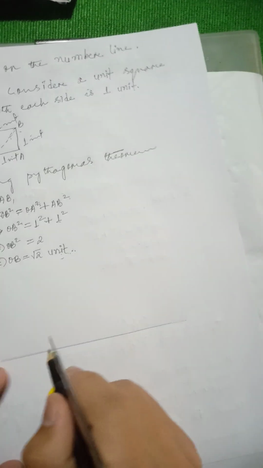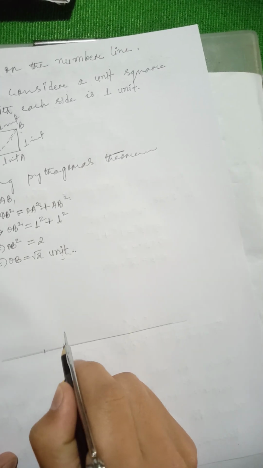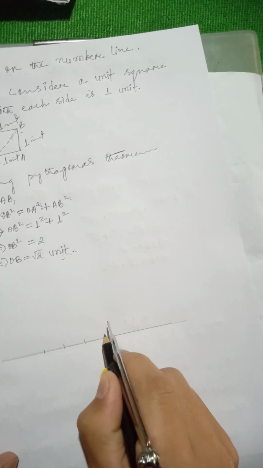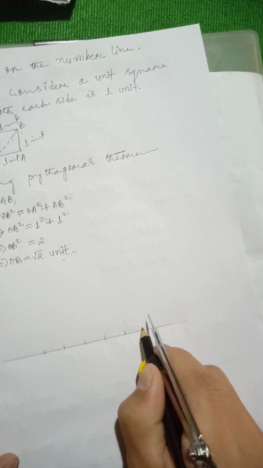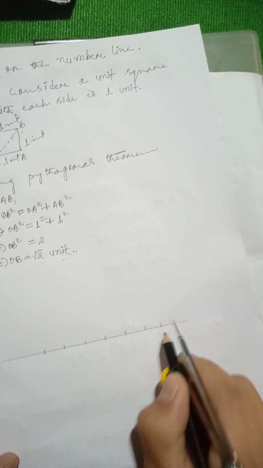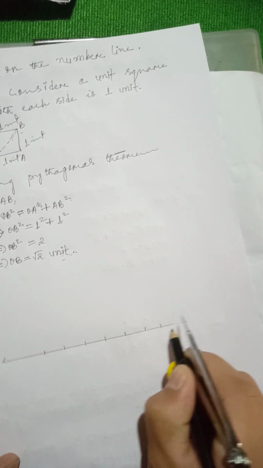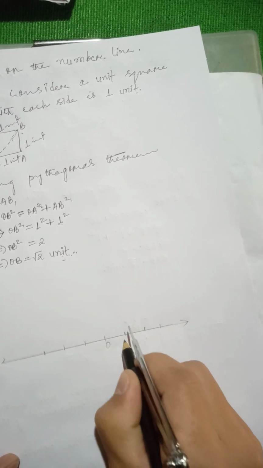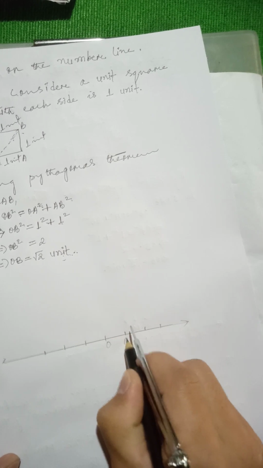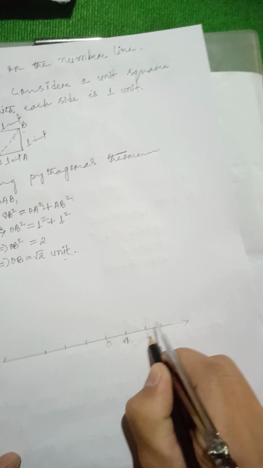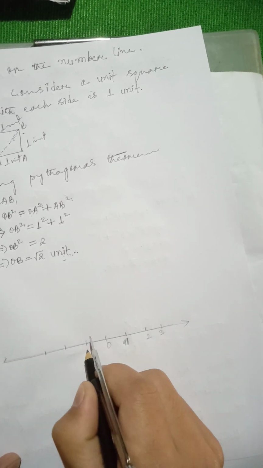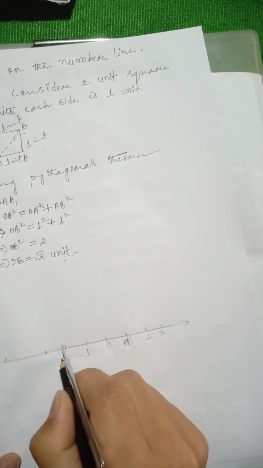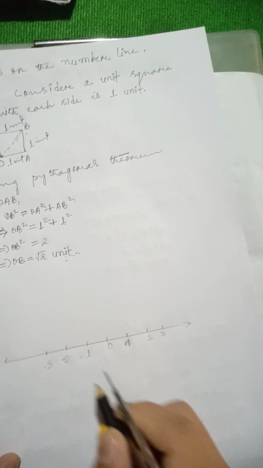Here it is 0, 1, 2, 3. Even here, -1, -2, -3, okay?